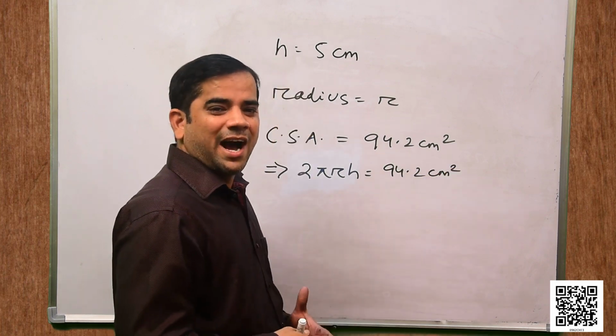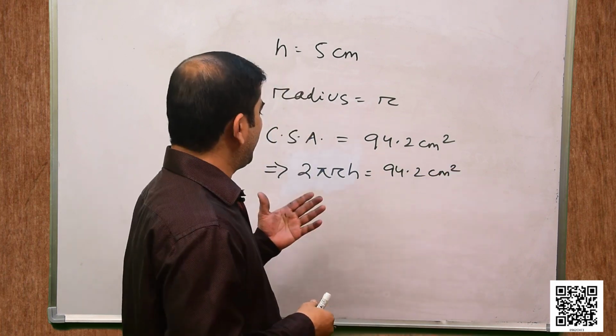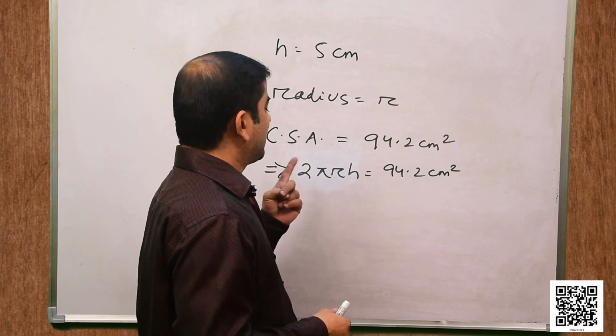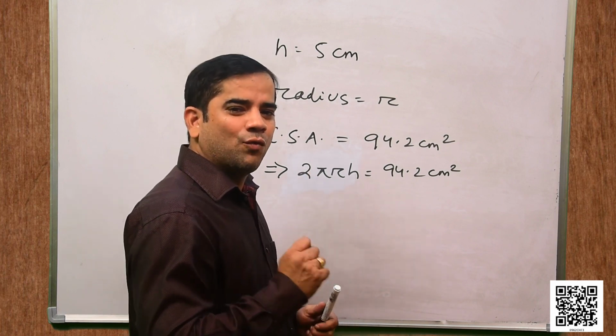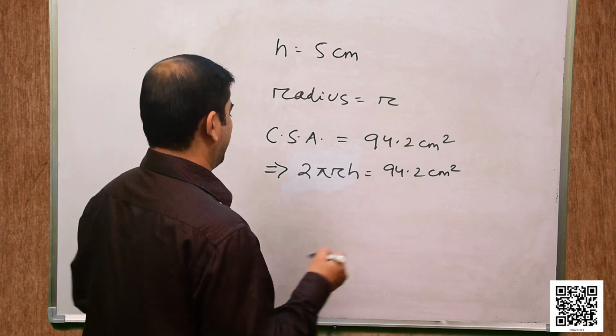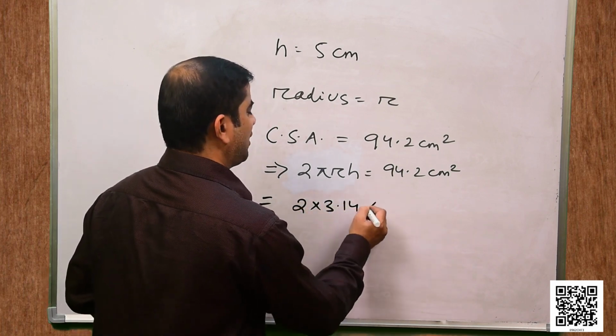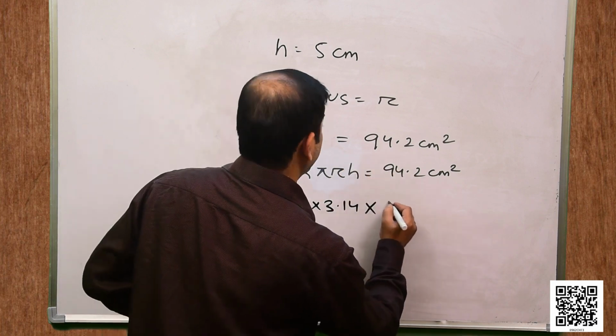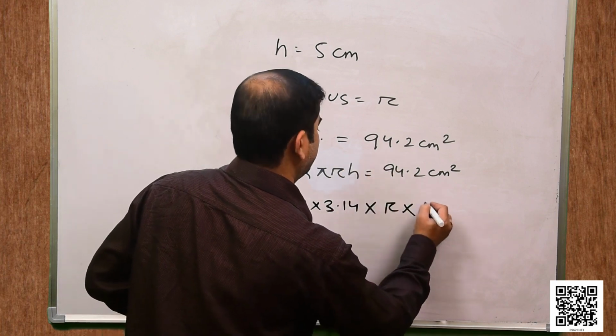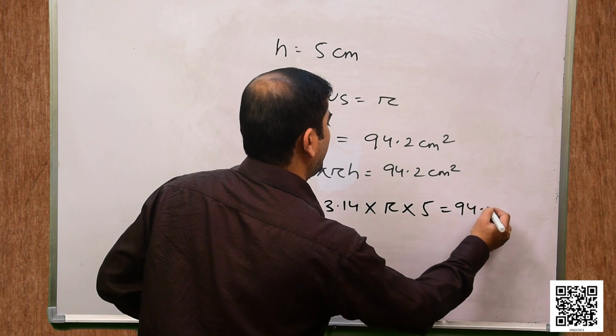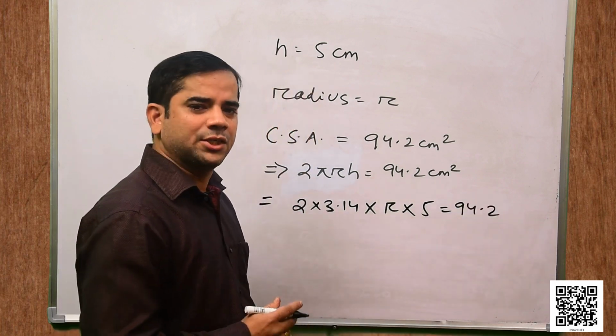As per the instruction, we need to take the value of pi as 3.14. So, 2 pi RH is equal to 2 into 3.14 into R, and H is 5, is equal to 94.2 centimeter square.